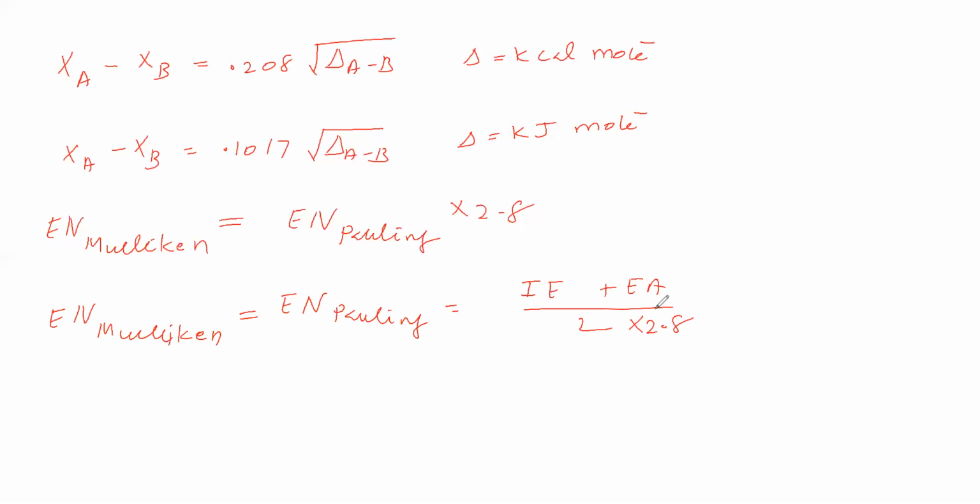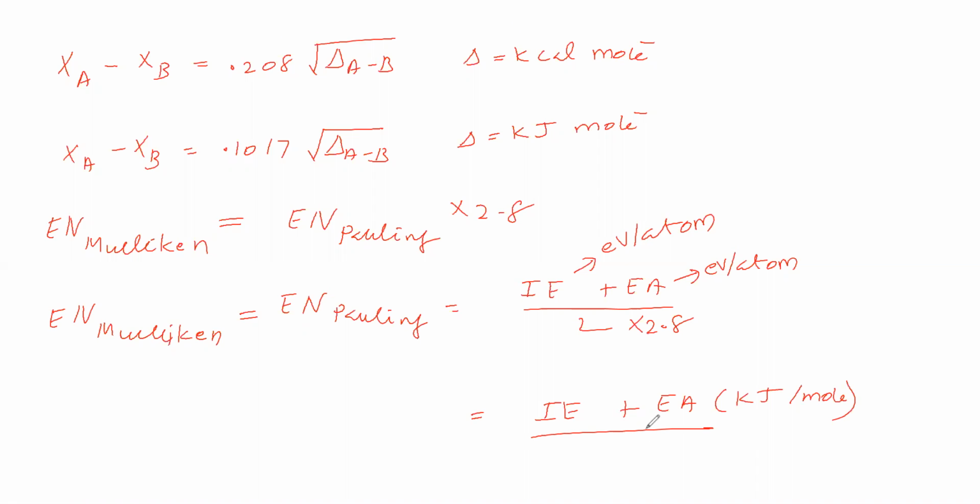Now what is the unit? The unit for this is electron volt per atom. For this also, electron volt per atom. In order to convert this unit into kilojoule per mole, this 2 into 2.8 is multiplied by a factor x. Therefore, now ionization energy plus electron affinity by 544.